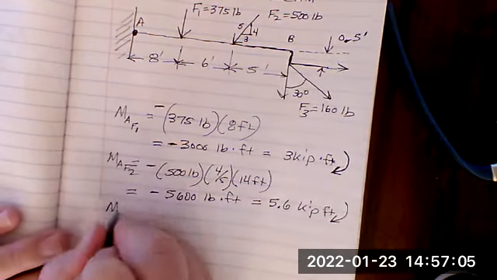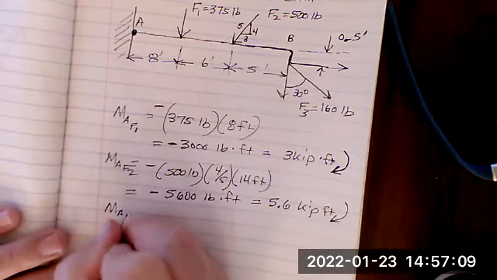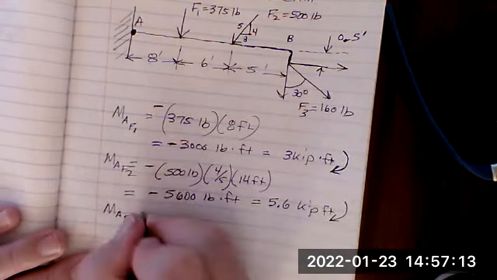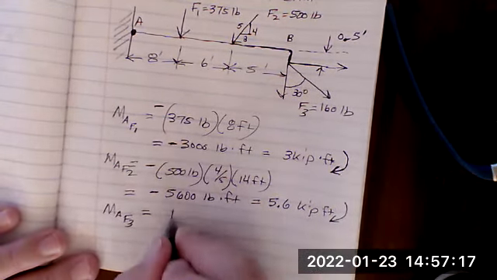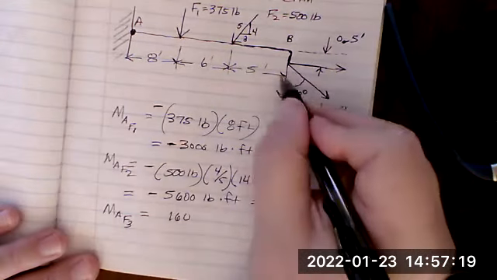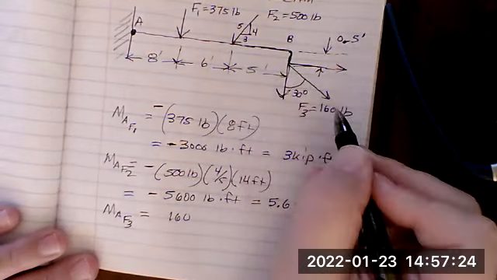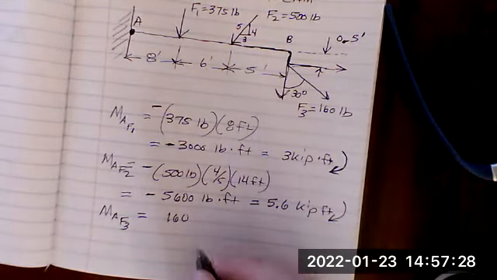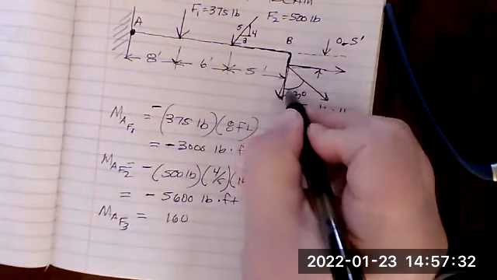So the moment about A with respect to F3 equals 160. Now, you see this, we're going to break it up into its components, this one and this one. So it's going to equal 160, right here.